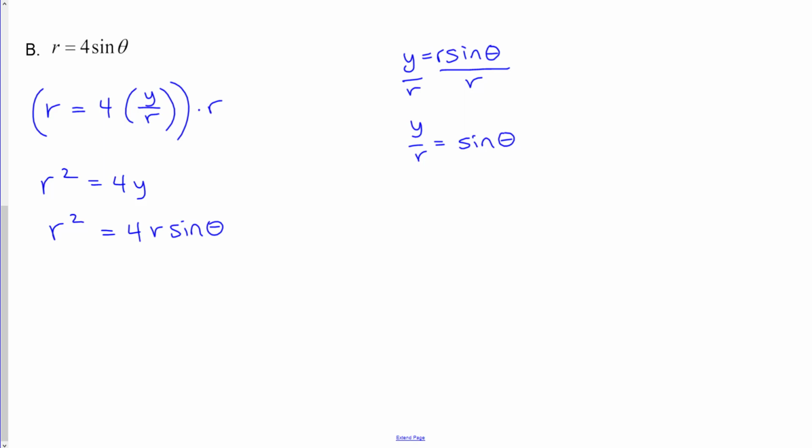But it's certainly easy enough to switch back. So r squared can become x squared plus y squared, and then equals 4y. If you wanted to bring those all together, that's fine. Set it equals 0. Both of those are perfectly acceptable.